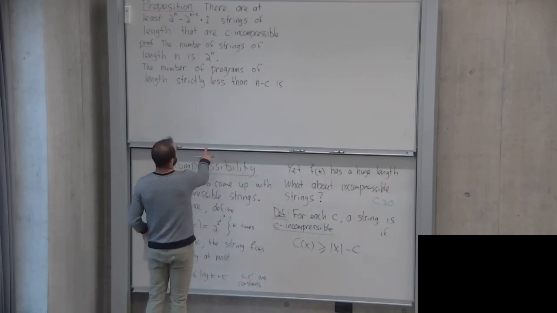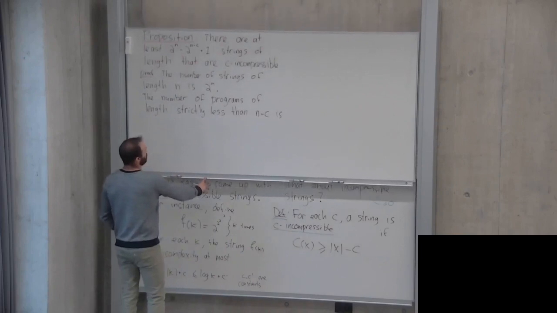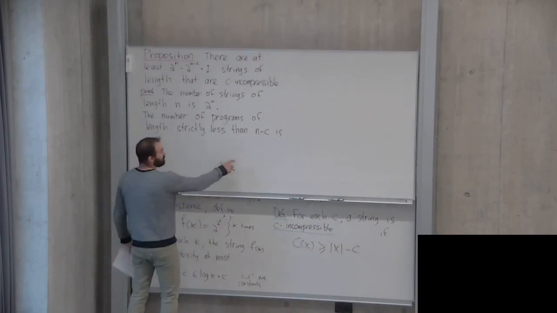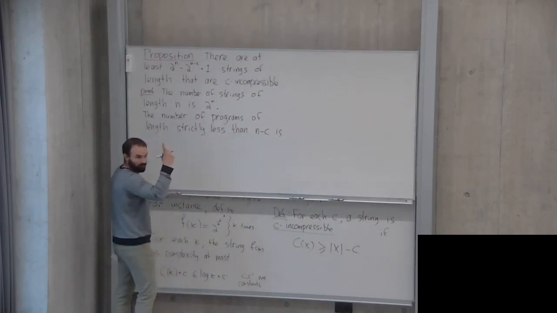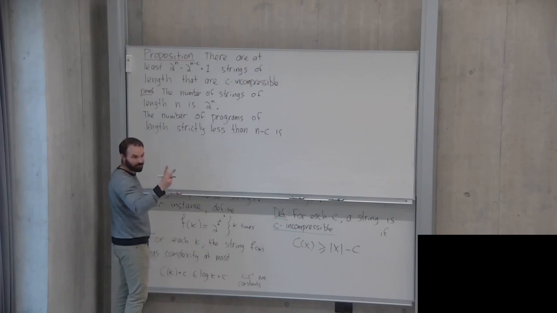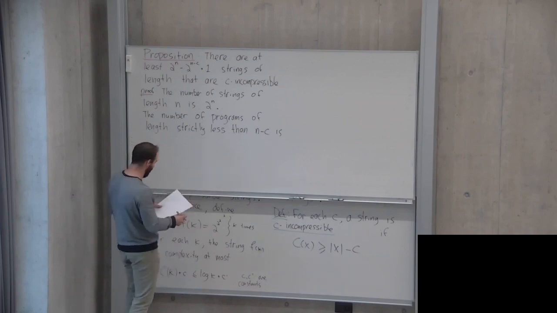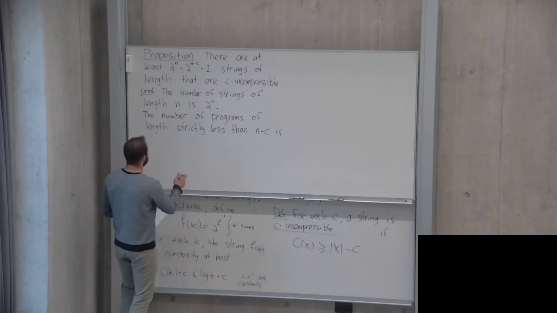So what's the number of those programs? Well, I've got programs of length 0, I've got 1 of them. Programs of length 1, I have 2 of them. Programs of length 2, I have 4 of them. Programs of length 3, I have 8 of them. So what's this sum?